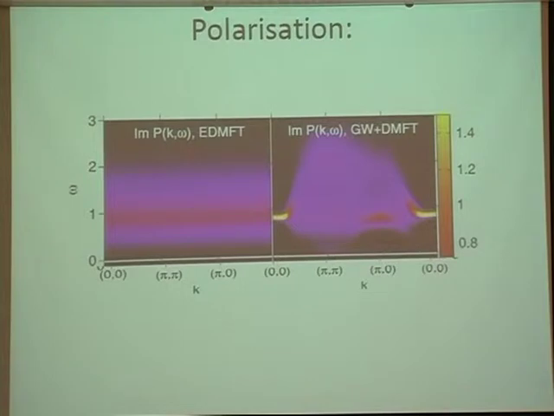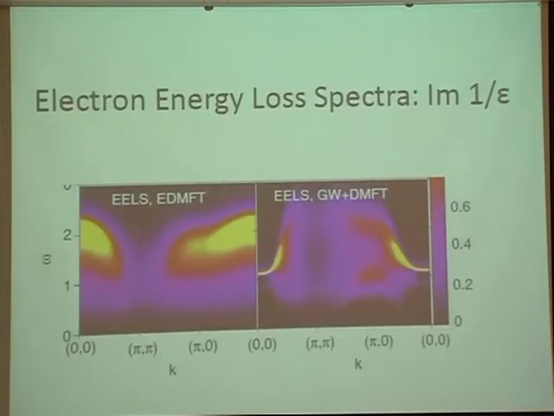Let me interpret that a little bit more in detail, not on P, but on a more physical quantity, namely what the experimentalists call electron energy loss spectra, what can really be measured, and what is more or less given by the imaginary part of epsilon minus 1. So we plot that quantity now here as a function of K and omega. And what you see is that now the spectra differ quite a lot.